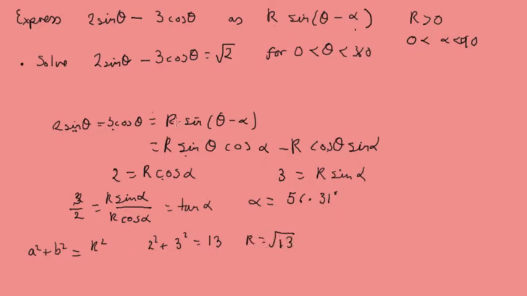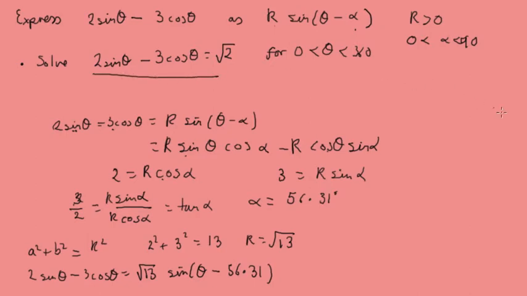So therefore our identity is going to be 2 sine theta minus 3 cosine theta is equal to root 13 sine theta minus 56.31.